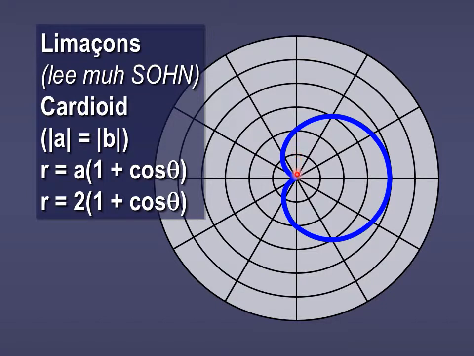That tells you that whenever it reaches 2, that's when it needs to start coming back into the origin. So that's how you're going to know how to graph a cardioid without the aid of your calculator, is you can use that information.